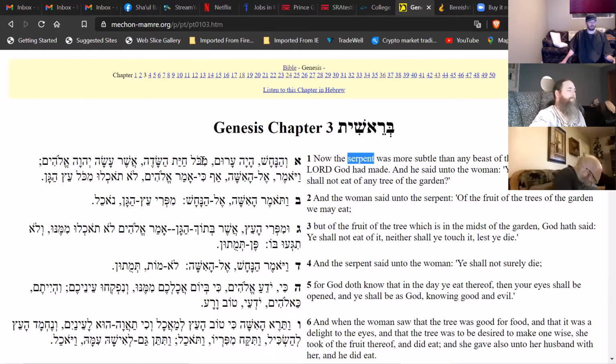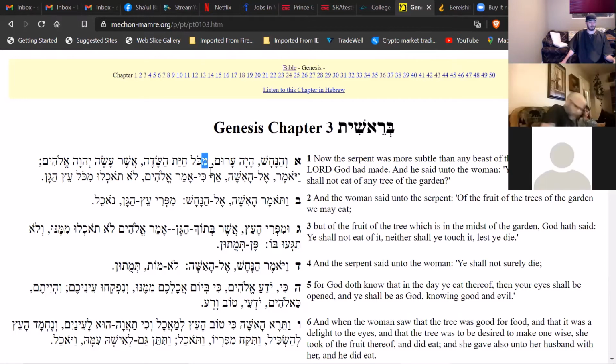Another prefix you see is mem. So in this case, we've got the mem in front of the root word, which is from. In this case, we don't have it literally translated as that in the English. He is more subtle than they would have translated it as any.